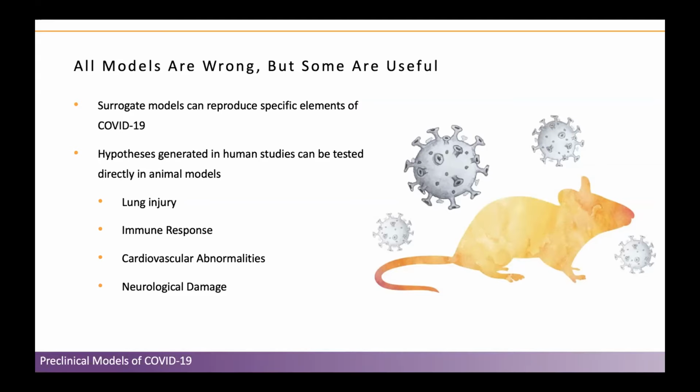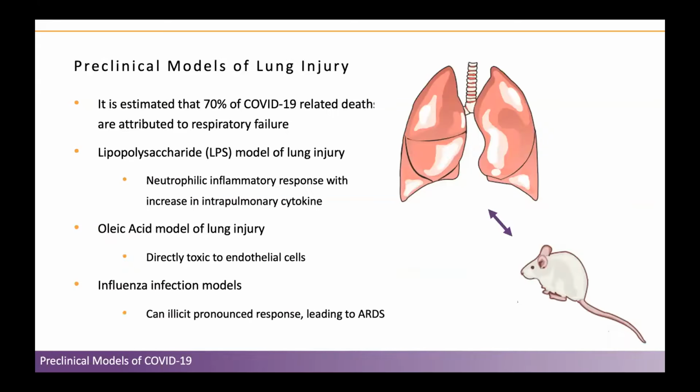By mimicking these specific aspects, researchers can then test these specific hypotheses with regard to, say, disease progression or potentially intervention. So the most obvious area of study currently, and one that's rapidly growing in response to COVID, is these preclinical models of lung injury.